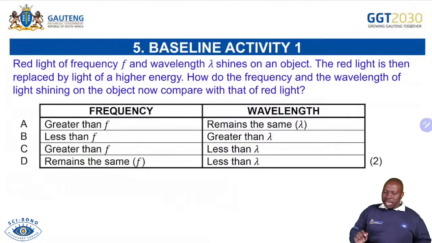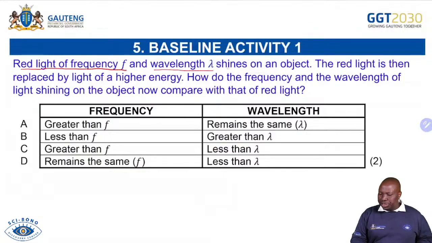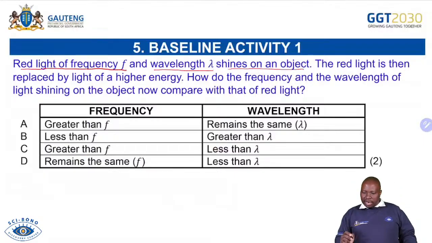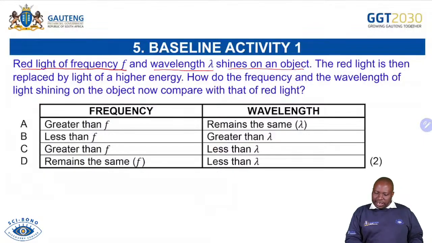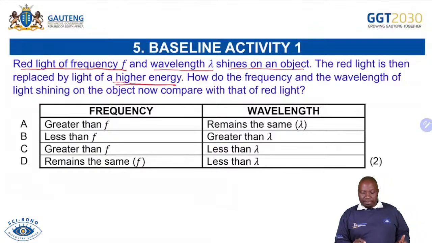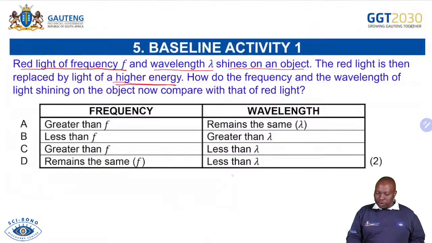Here it is saying a red light of frequency f and wavelength lambda shines on an object. The red light is then replaced by a light of higher energy. Remember, I was referring to those colors.